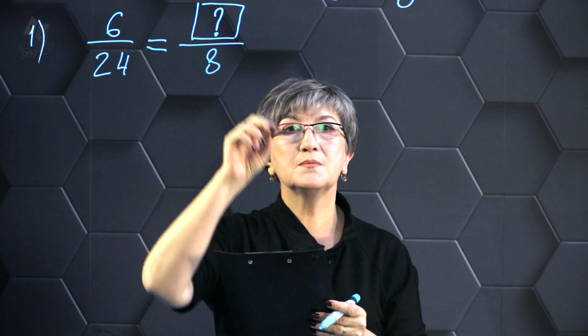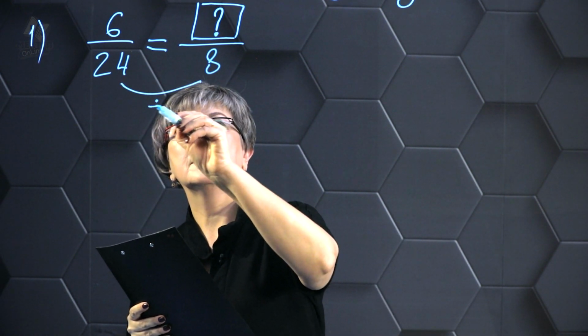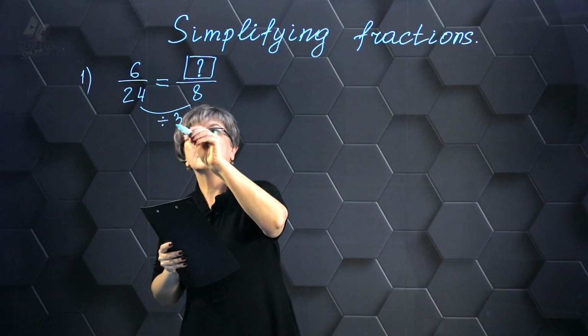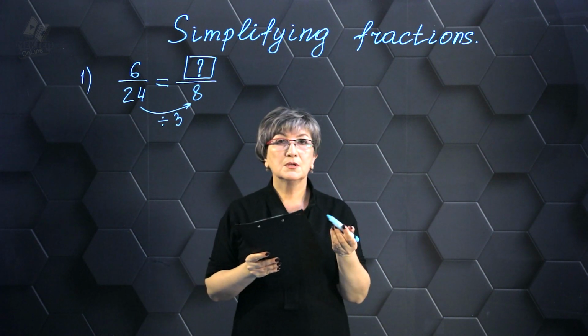Currently, I have 8 in the denominator. So what precisely occurred at this point? If I divide the number 24 by the number 3, the quotient will be 8.